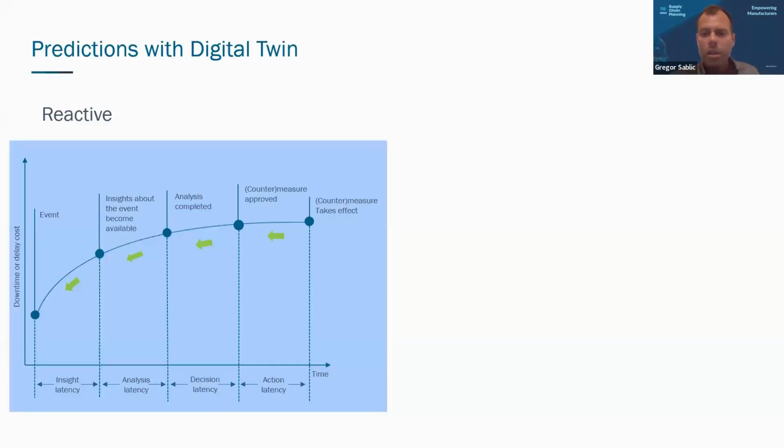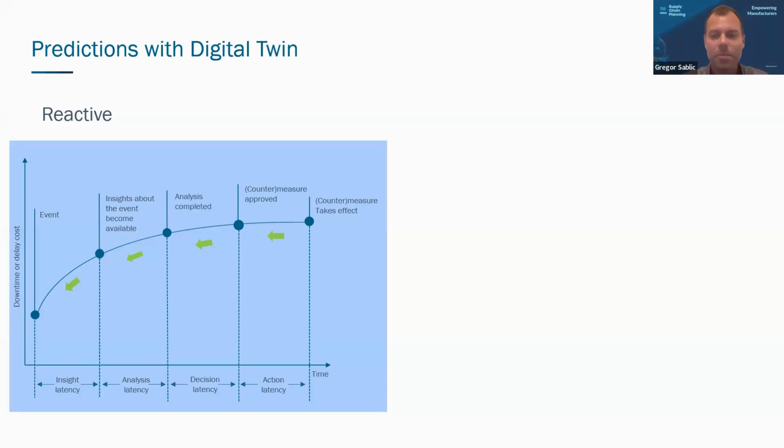Okay. So what we would like to achieve with predictions, which are based on the data-driven digital twin: on the left side, we have reactions. Usually people in the production area, or all these stakeholders I mentioned in the previous slide, are reactive, usually firefighting.